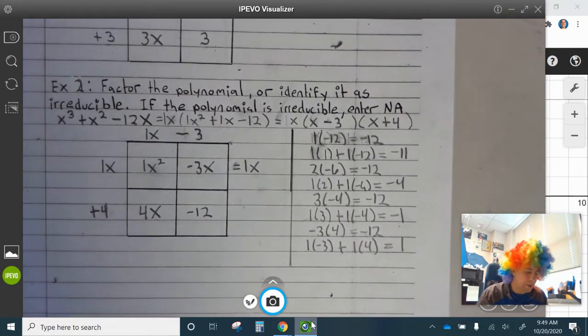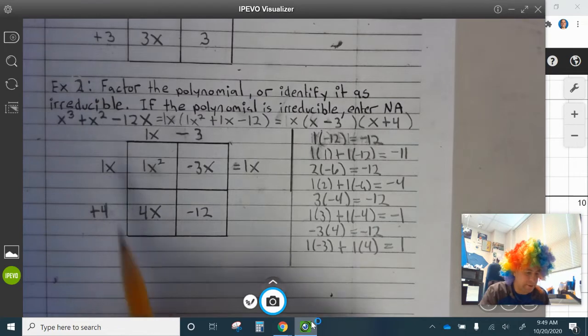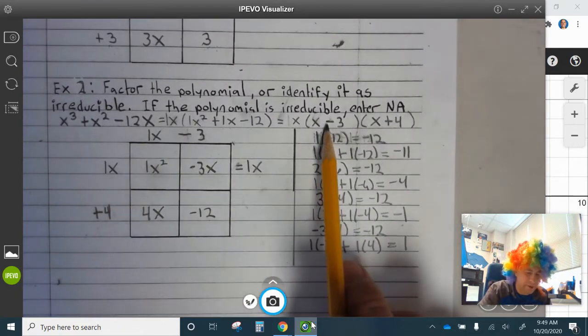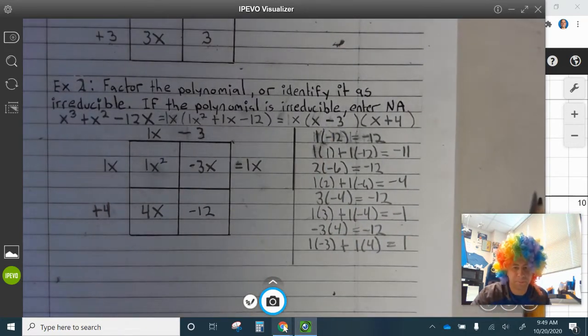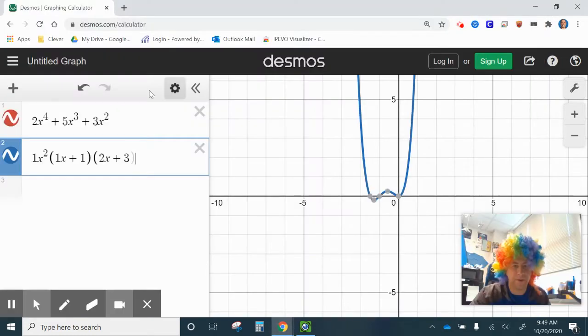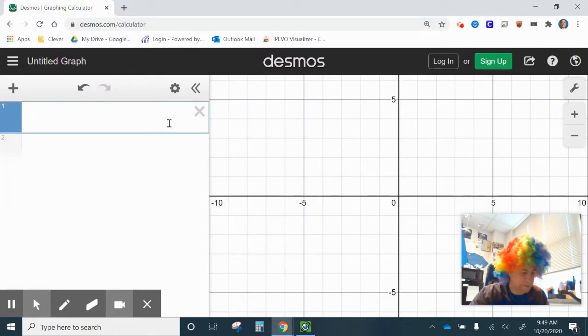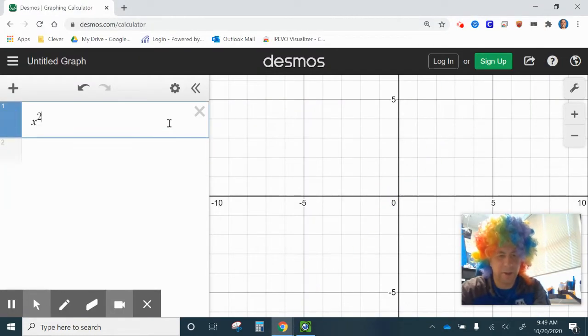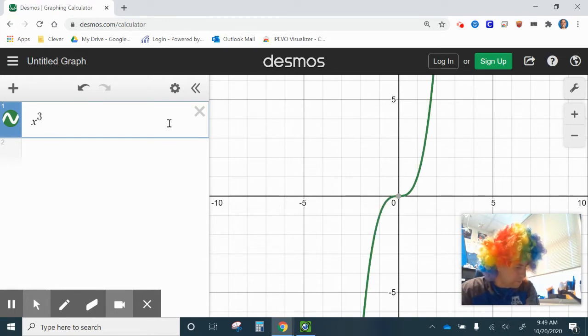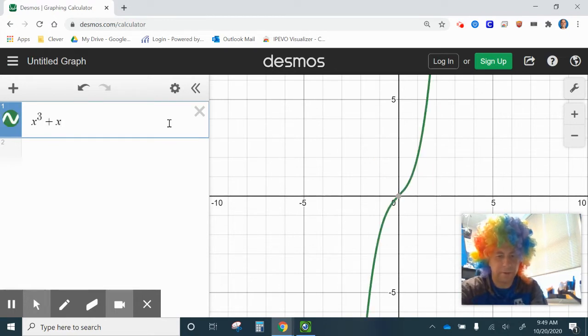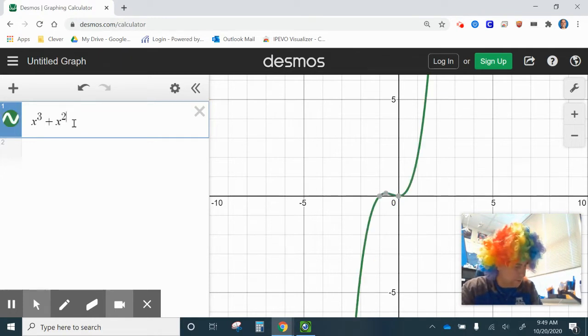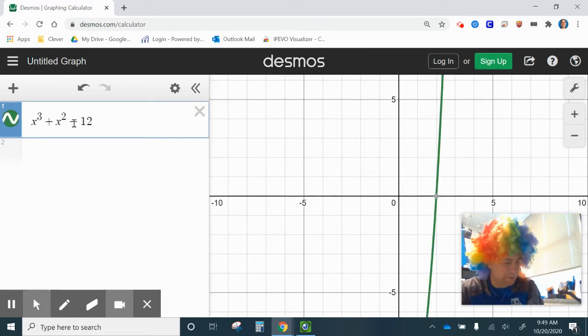Okay. Now let's use Desmos to check to make sure that when we graph this and this, they overlap. So get to Desmos. I'm going to exit this. All right. So x cubed plus x squared minus 12x.